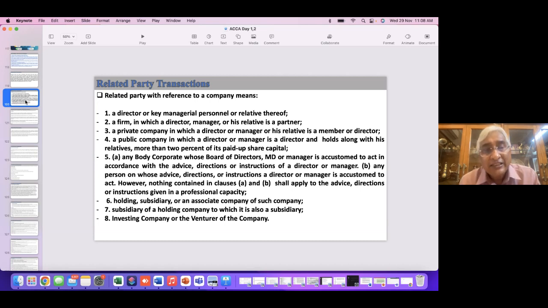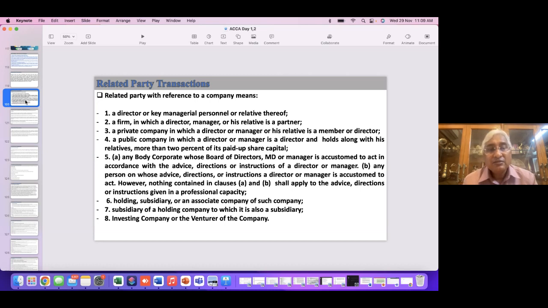However, nothing contained in clauses A and B. Perhaps you can see the PPT, the PowerPoint presentation. In clauses A and B shall apply to the advice, directions, or instructions given in a professional capacity. So when a person acts in his professional capacity as an accountant or a director or a cost accountant, these capacities are called a professional capacity.